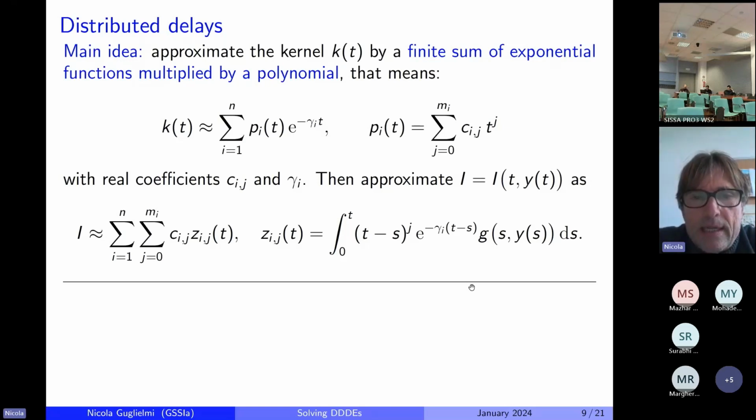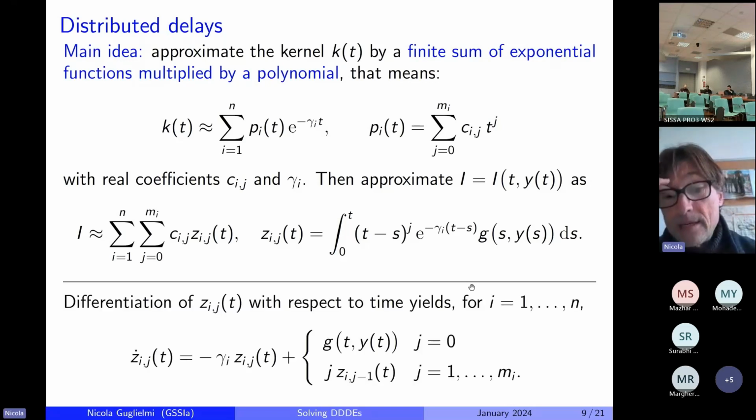And so these variables, Zi, are just these integrals of integer powers of t minus s, multiplied by an exponential. Now, if you define Zij in this way and you differentiate it, then you get a system of ODEs.